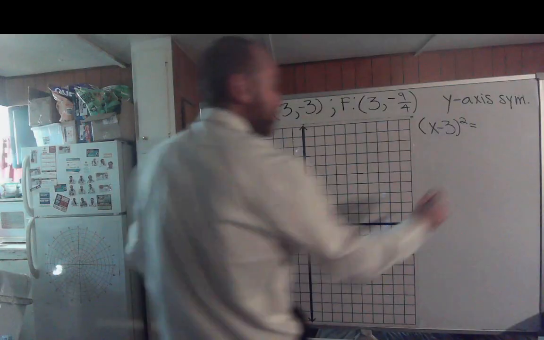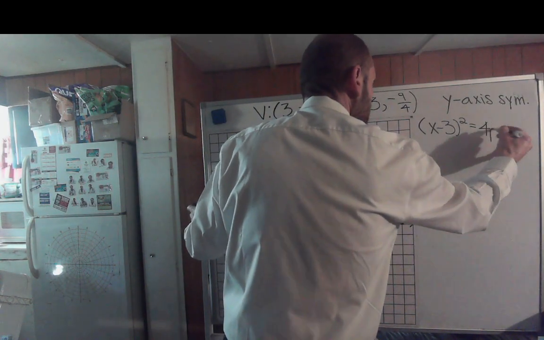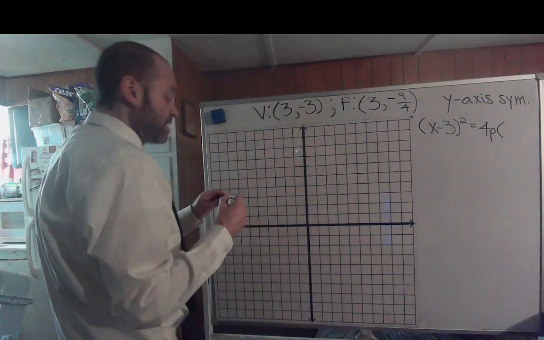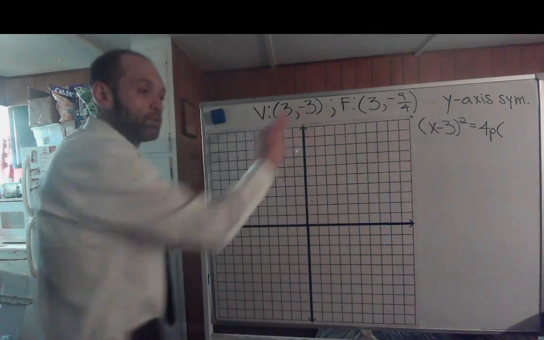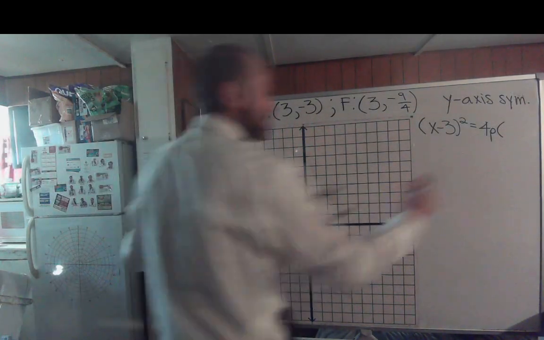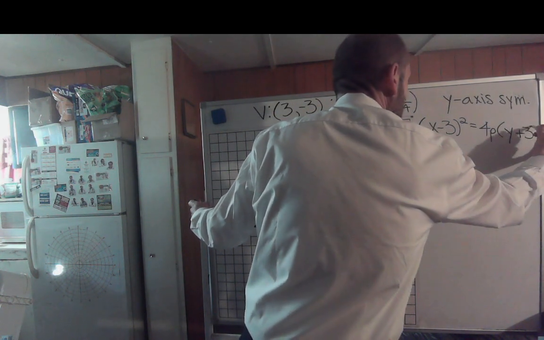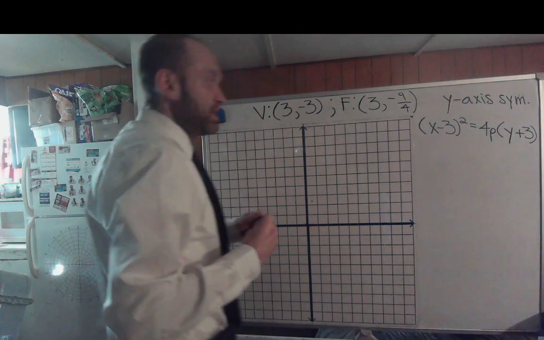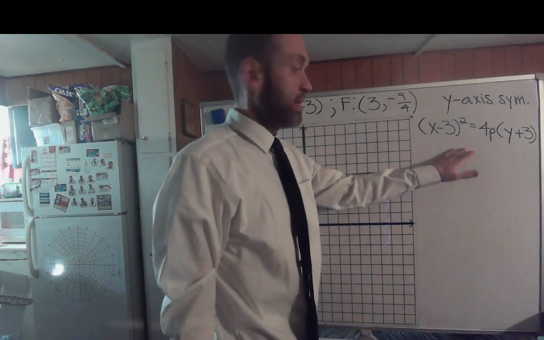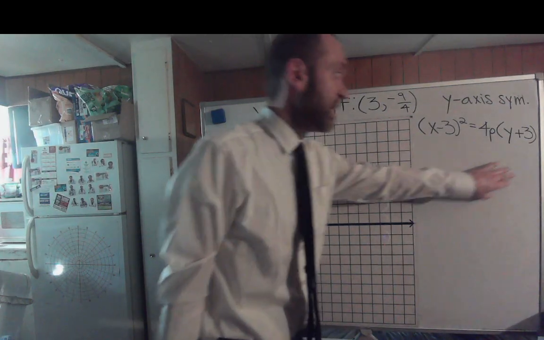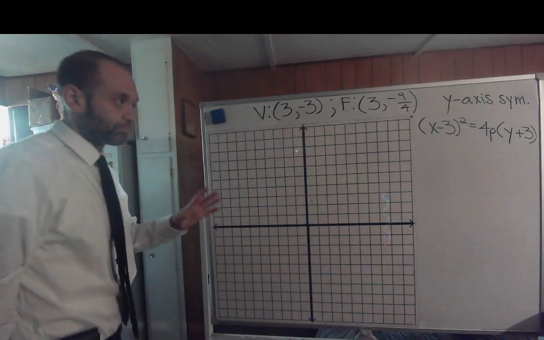That's going to equal 4p times, now let's take our y equals -3. That means it would be y plus 3. So you'll have initially x minus 3 quantity squared equals 4p times y plus 3.